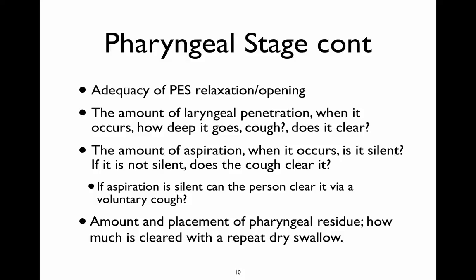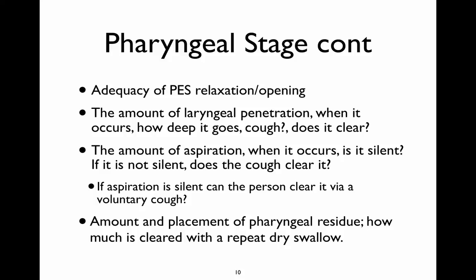As you move towards the end of the pharyngeal stage, you're going to be checking to make sure that the PES is opening. And you're on the lookout for abnormalities of all kinds during both the oral and the pharyngeal stage. In the pharyngeal stage, you're looking to see if there is penetration and what are the characteristics of that penetration.